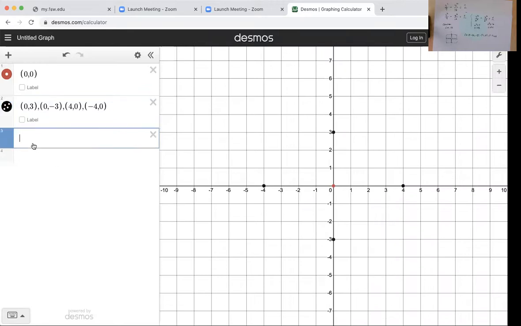For example, x equals negative 4 as y ranges from negative 3 to 3. And we'll go ahead and make that green and dotted. Similar thing, x will equal positive 4 in that same range.